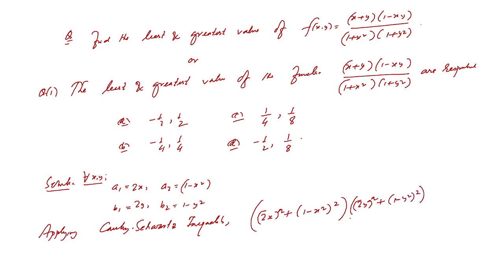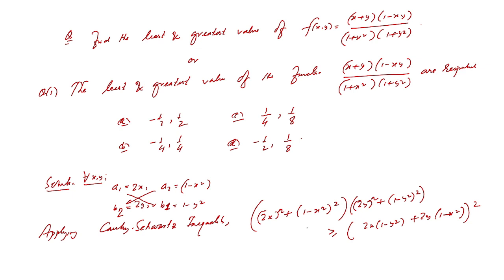This value will be greater than or equal to a1 b1 plus a2 b2, so 2x into 2y plus (1 minus x square) into (1 minus y square), that whole square. So by using the Cauchy-Schwarz inequality we write this.